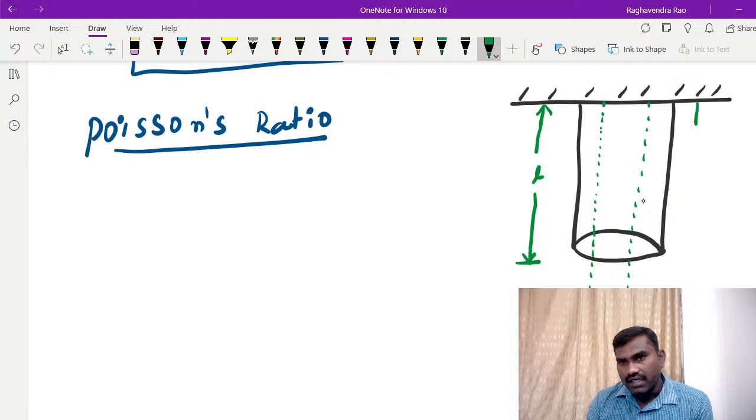The length is increased to L dash. That we can call elongation.